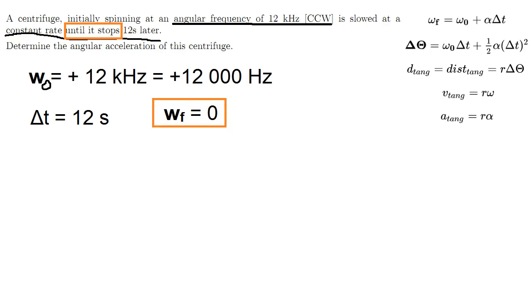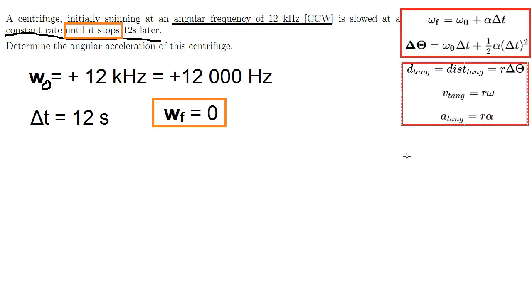Now, we have these relationships here. The top two are the ones that are used to solve all of our problems. These ones here all convert these angular quantities into tangential quantities around the outside edge of the circle. But given that we just want the angular acceleration, we're not going to need these.